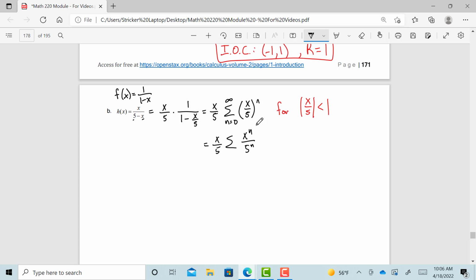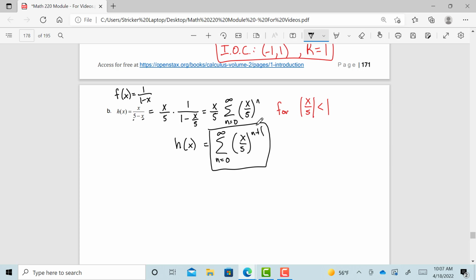Just looking at it, notice they both have x over 5. This is x over 5 out front, x over 5 to the n. So couldn't we just rewrite this as x over 5 to the n plus 1? So there we have a power series representation. This is equal to h of x.